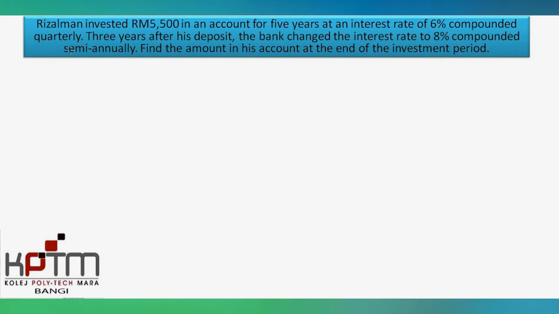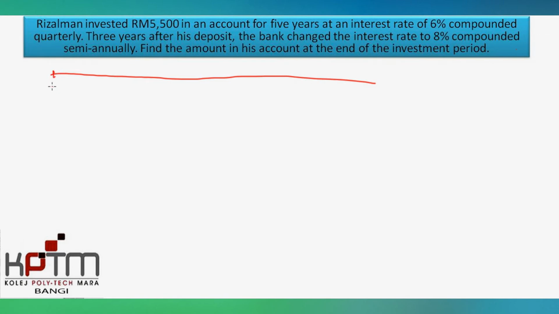This is a sample of a final exam question in this topic. We have to draw a time diagram to figure out the question. Rizalman invested 5,500.